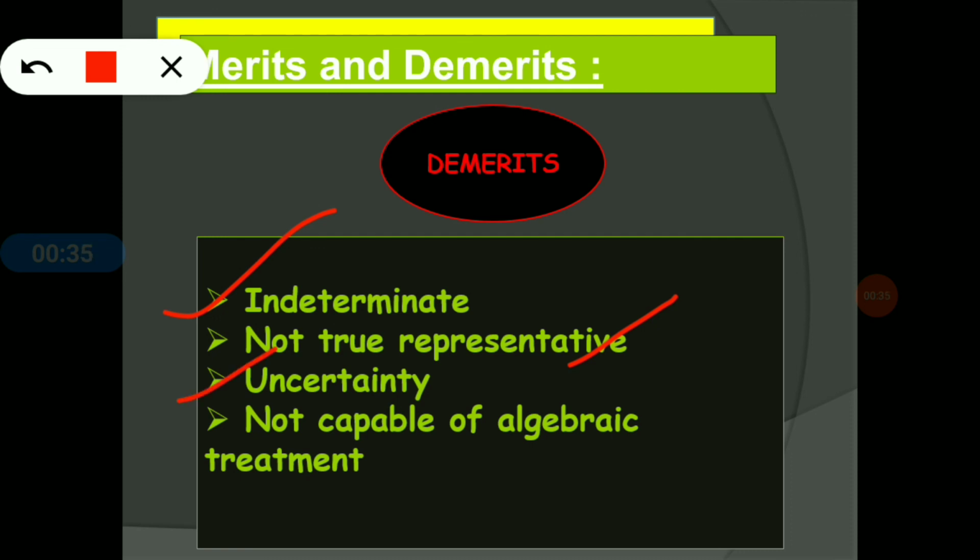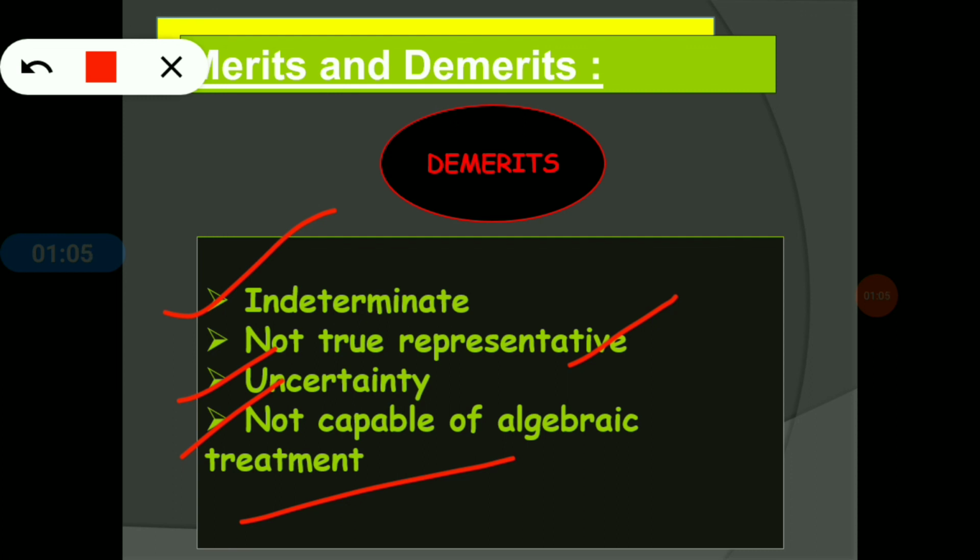Now going to the third one, that is there is uncertainty, because the mode is not a rigidly defined measure, okay, so that's why it has uncertainty. And now going to the fourth one, that is it is not capable of algebraic treatment. So it is an unstable average. From the modes of two series of data, we can't calculate a combined mode value like the mean.